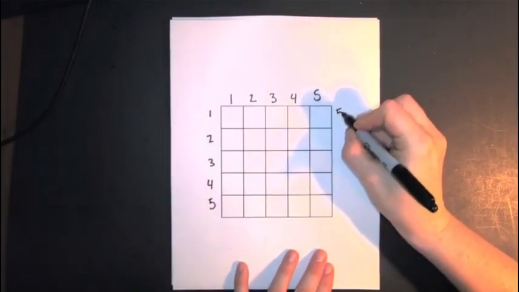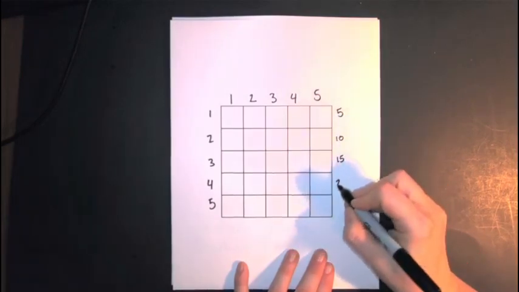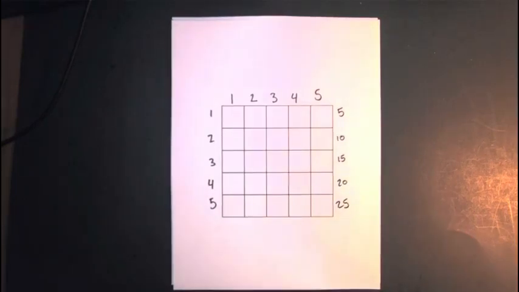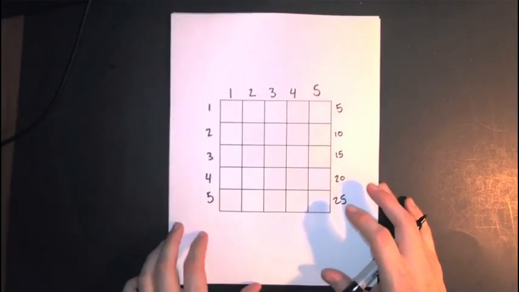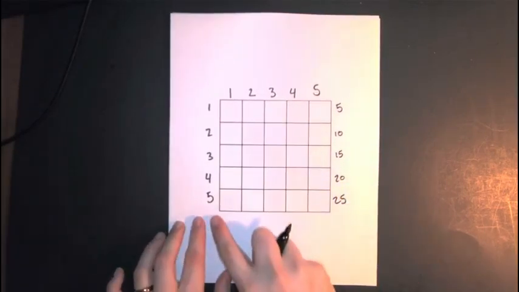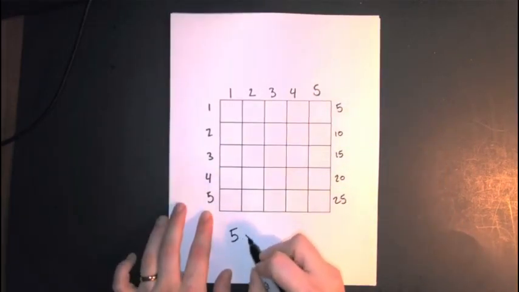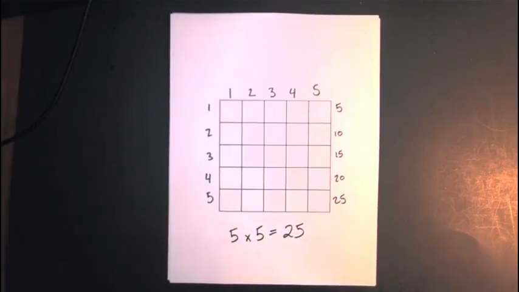That's counting by 5. 10, 15, 20, 25. And for my older students, I really don't know if you guys have gotten into multiplication yet, but you could find out by doing 5 times 5. 5 times 5 equals 25.